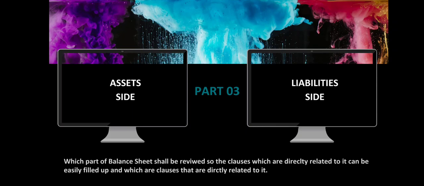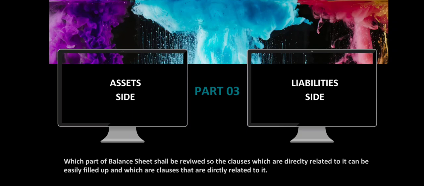We'll see in that which part of this side is required to be entered in the remaining 32 clauses. Out of 44, we have seen 12 so far. So of the remaining 32, which clause is related to which part.